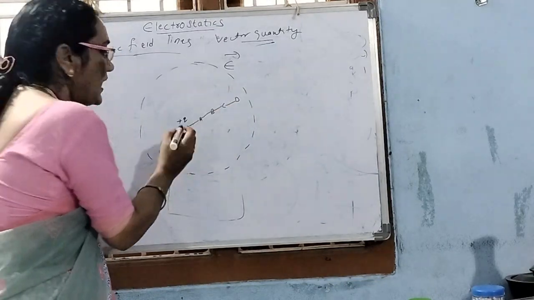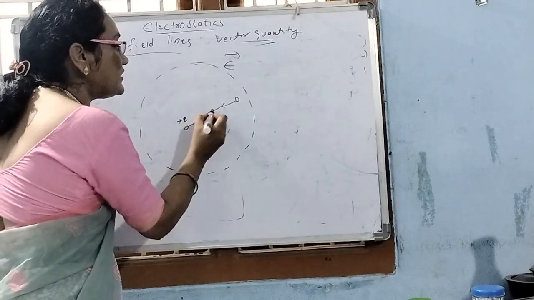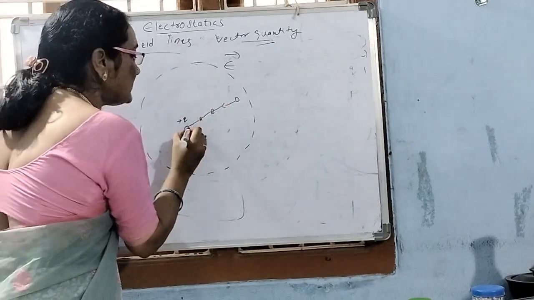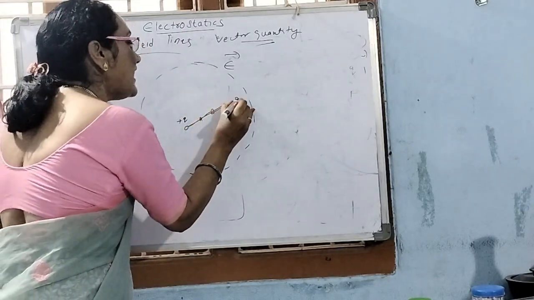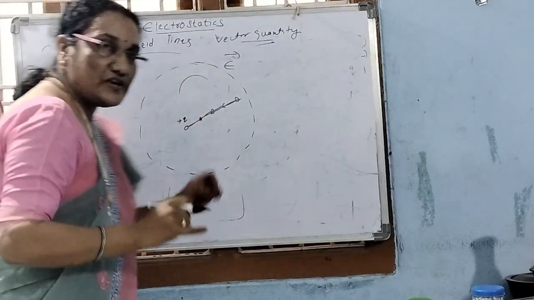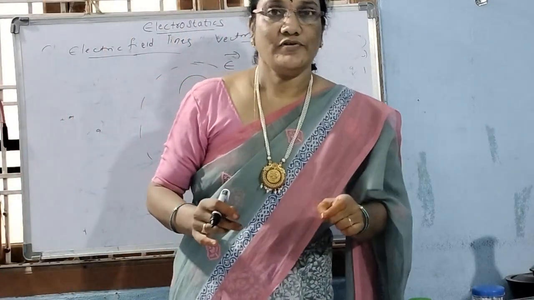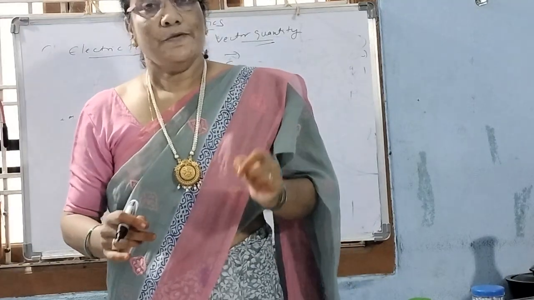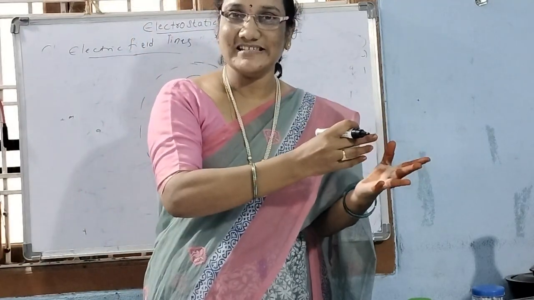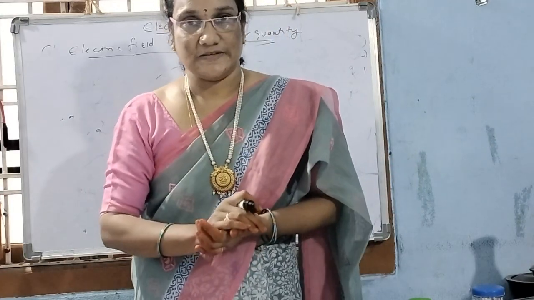Tracing the path means I go on joining O to A, A to B, B to C, C to D. When I trace the path, I will get this path as straight lines or curved lines. So if we trace the path of a unit positive charge moving in an electric field, then we will get either straight lines or curved lines.